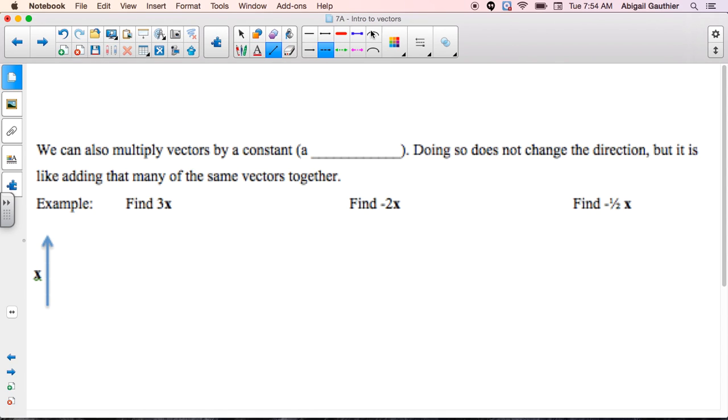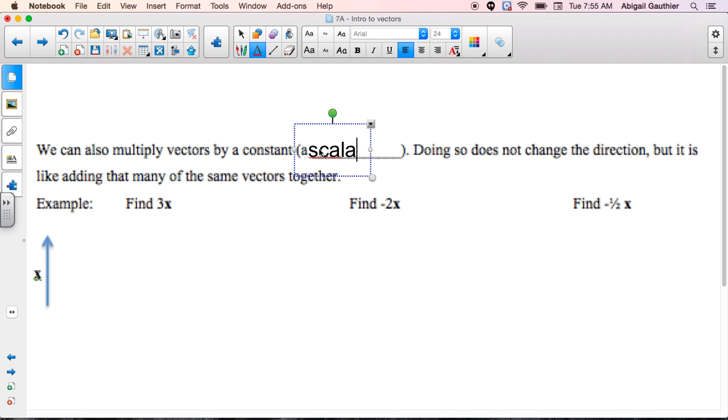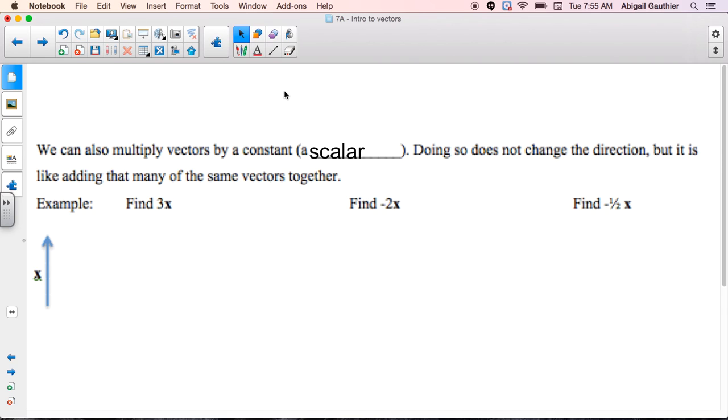All right, we can also multiply vectors by a constant. A constant, so something that just has magnitude but no direction, is called a scalar. And doing so does not change the direction, it just changes how many of those vectors get added together. So let me give you an example. Here's x right here, and if I multiply x times 3, it just means I'm going to travel 3 of those.